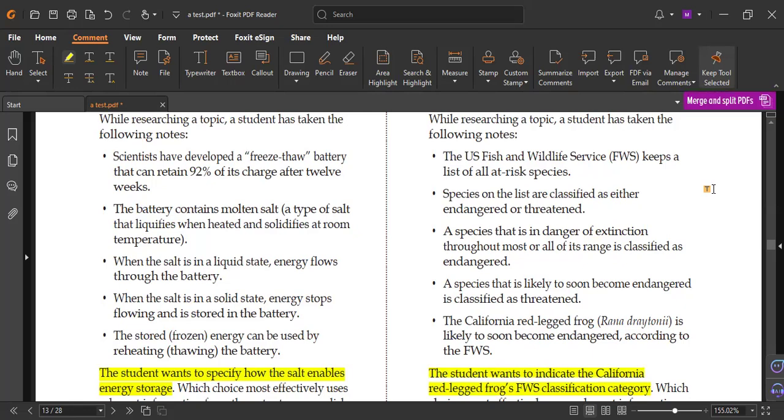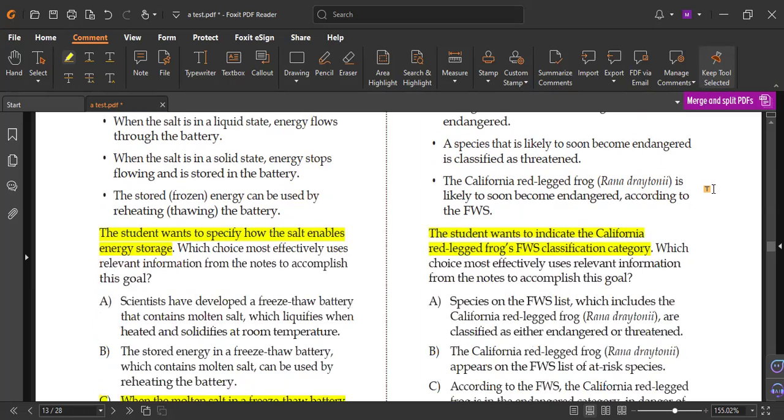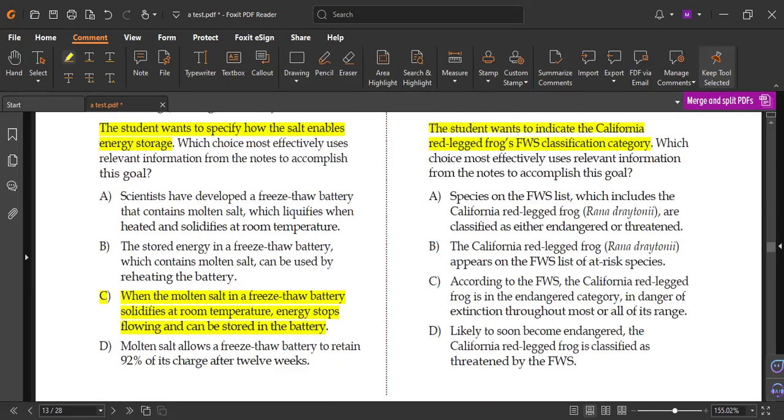Can I see the choices? Is it C? It can be letter C, but no. Why?